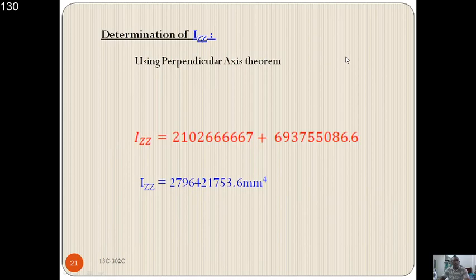And in this particular question, they asked about the Izz. Izz is perpendicular to the given plane.